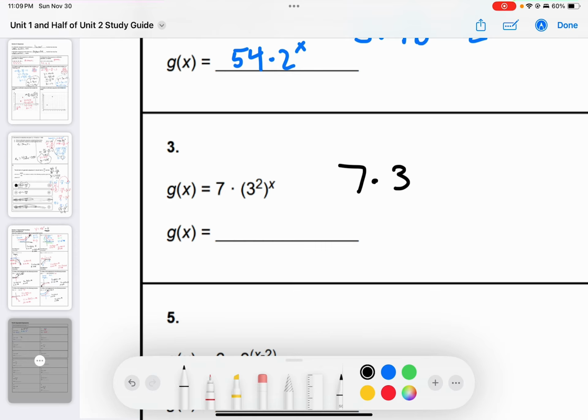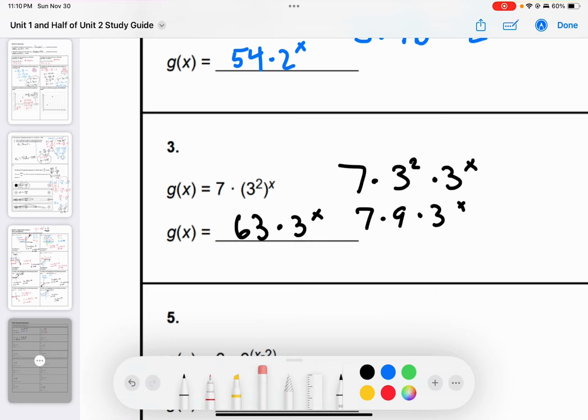So this is really 3 squared to the x, which I could also write like this, times 3 to the x. So now I have 7 times 9 times 3 to the x. 7 times 9 is 63, so we can also write this as 63 times 3 to the x.